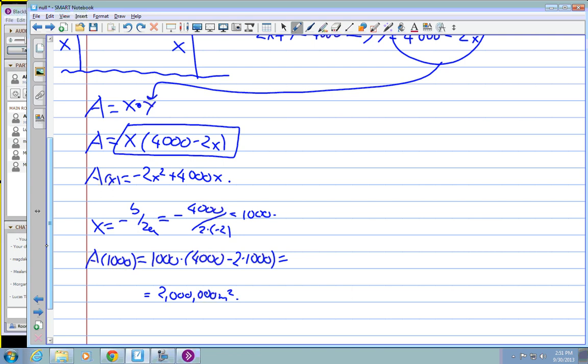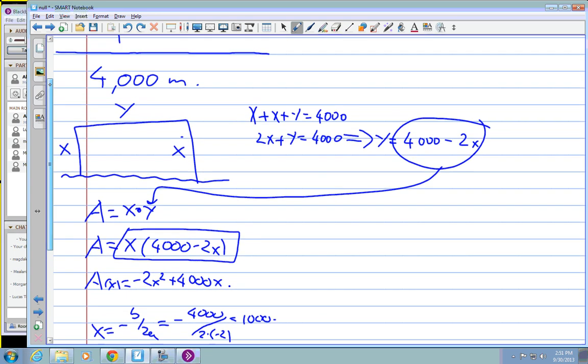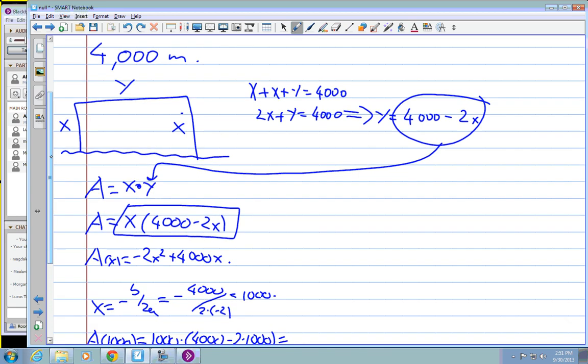So if I just ask you what are the dimensions that produce the maximum area, you would say, all right, well, x has to be 1,000. Now, what is y if x is 1,000? If x is 1,000, then y would be 2,000. So 1,000 by 2,000 produces the maximum area, or 2 million square meters.